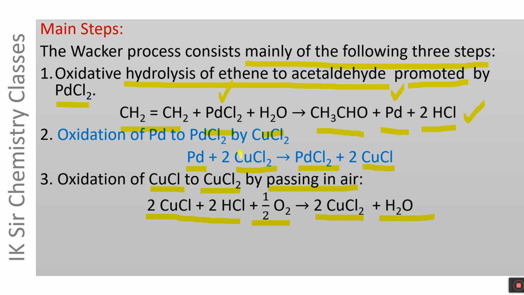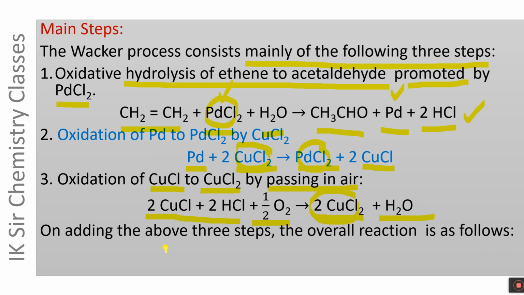It must be noted that in the first step of the reaction, PdCl2 is consumed while it is reproduced in the second step. CuCl2 is consumed in the second step but it is reproduced in the third step. It means PdCl2 and CuCl2 are not consumed during the reaction and hence they act as catalyst.